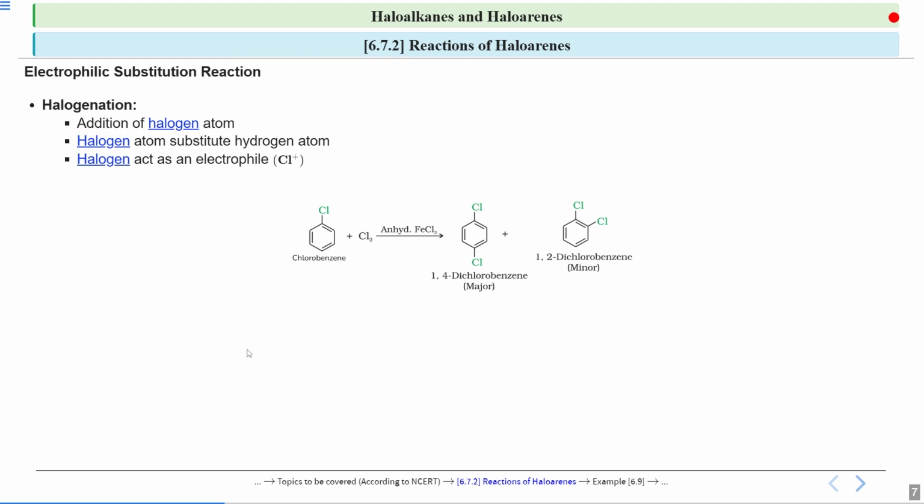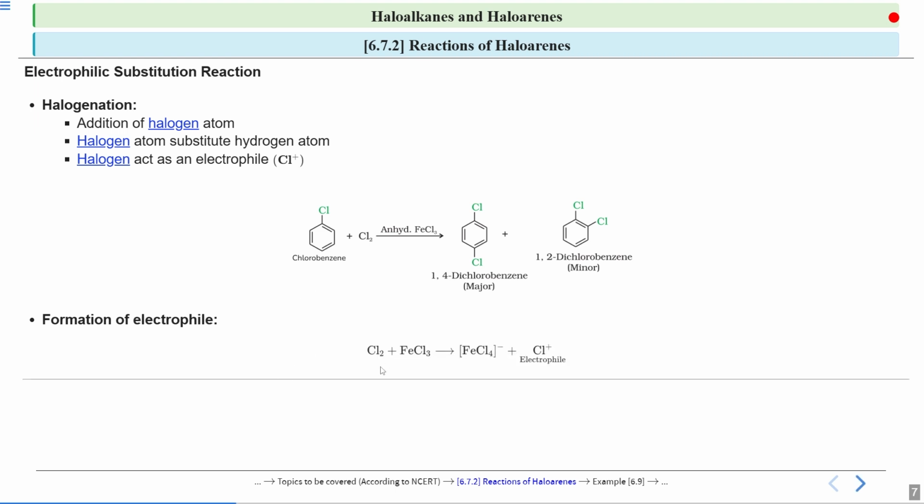Okay, so here is how the electrophile forms in this process. First of all, the chlorine molecule, the halogen molecule which we are taking, reacts with the catalyst, that is FeCl3, and a complex forms, an anion plus a cation: FeCl4 negative plus Cl positive. So you will get your electrophile, which is going to attack on the benzene ring because it is unstable.